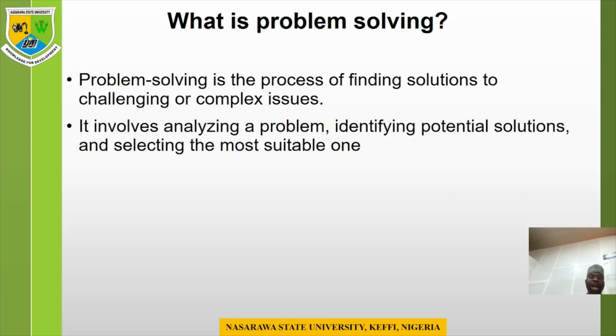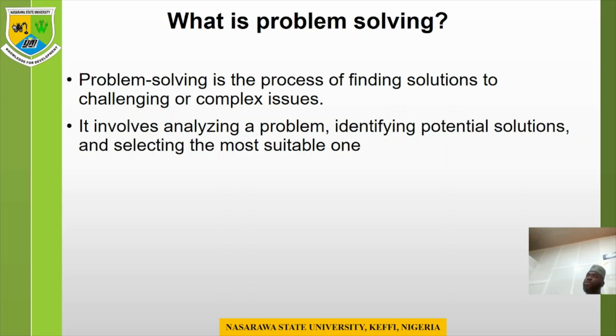You need to understand the problem very well, because if you fail to understand the problem, you might develop a solution that will not actually solve the problem it is intended to.